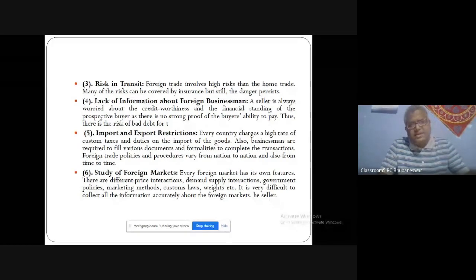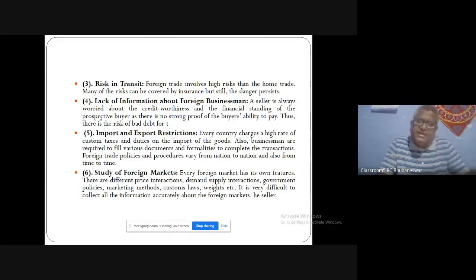Another point is export restrictions. Sometimes some countries have higher customs duties and taxes, and various documents and formalities through which foreign trade is declared. Policies are so strict in some countries that it is difficult to promote the internationalization of business.